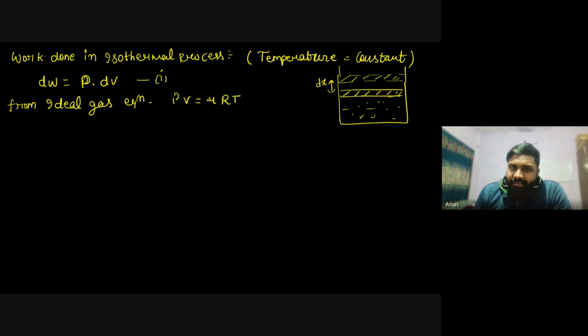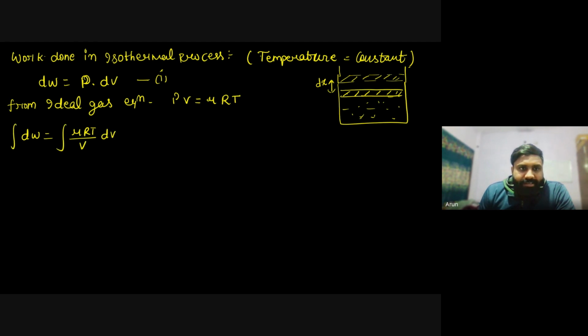So I am taking it here as mu. So what we will do, we will put the value of pressure in terms of volume. Got it? So dW we will have is mu RT divided by V dV.